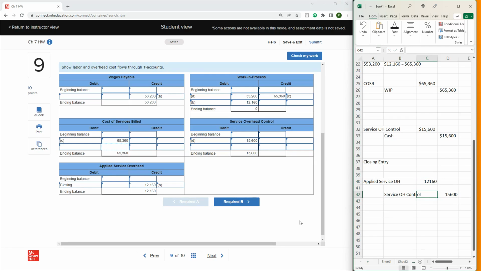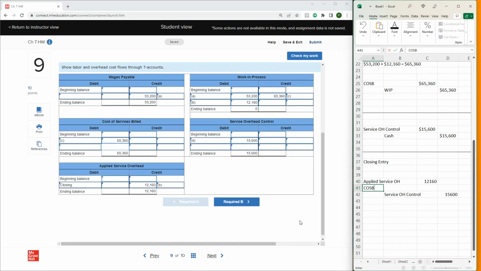So we're going to debit cost of services billed. Remember, that's an expense, and an expense has a natural debit balance. So to increase an expense, we're going to have to add an additional debit. And also, we look at our journal entry and we see that it will have to be a debit in order to make both sides balance.